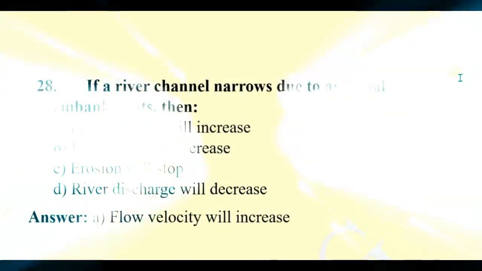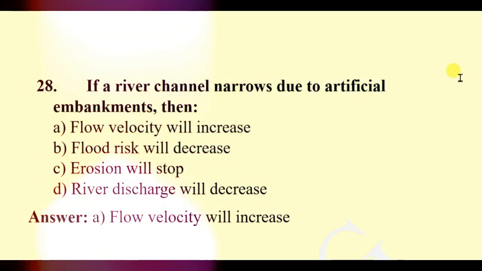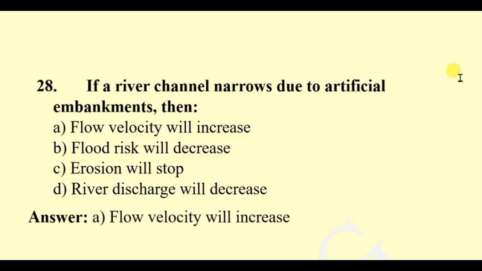Question 28. If a river channel narrows due to artificial embankments, then flow velocity will increase, flood risk will decrease as erosion will stop, river discharge will decrease. So the right answer will be flow velocity will increase, because the river is becoming narrow but the water is the same.